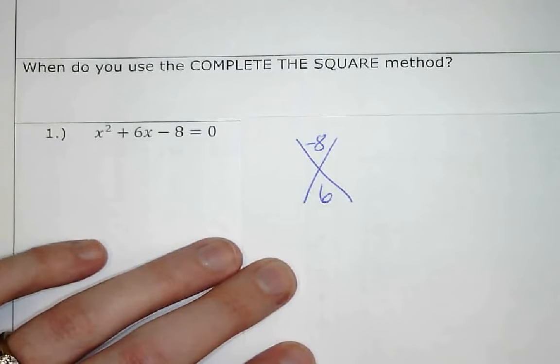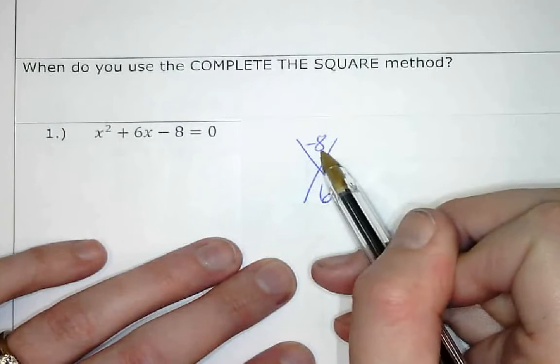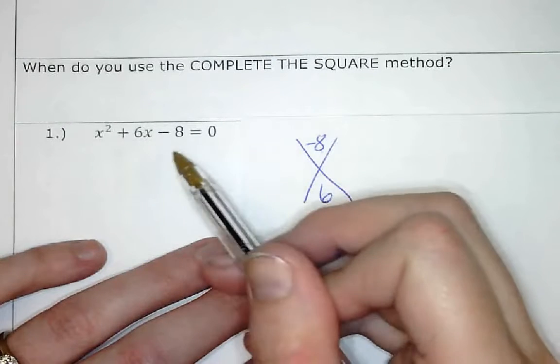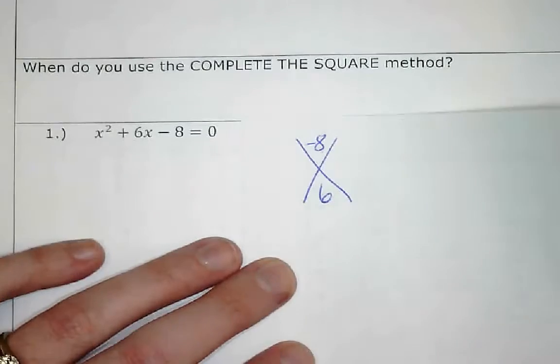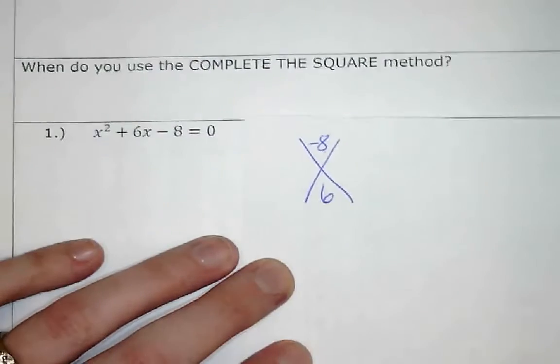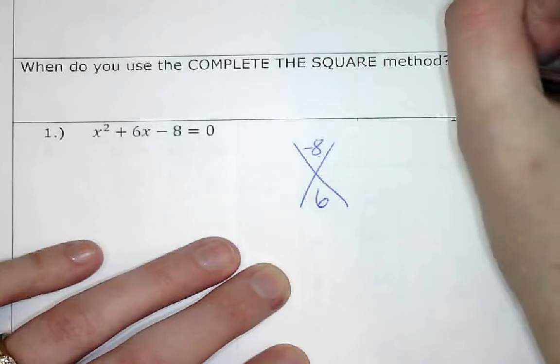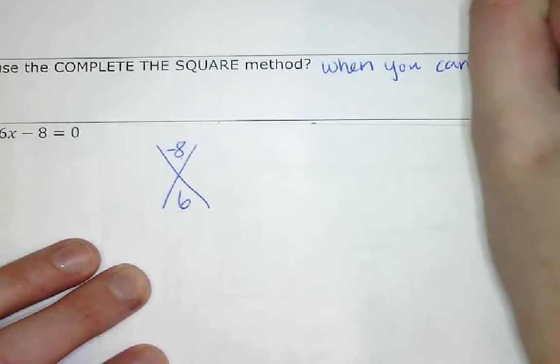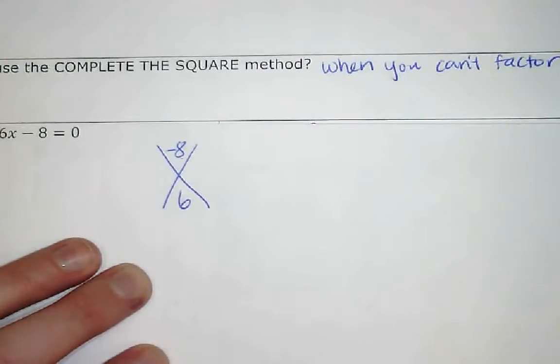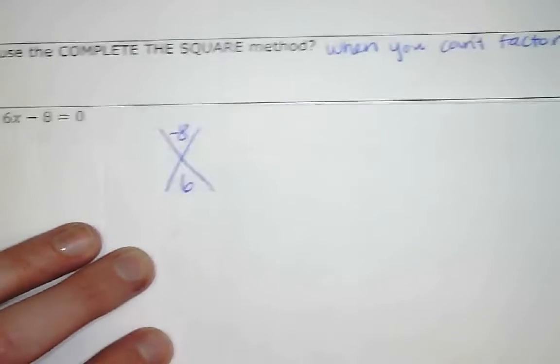Are there any numbers that work? 4 and 6, 4 and 2. Well, +4 and +2 don't give you -8, do they? Oh, no, they don't. So this one is not factorable. So you use completing the square when you can't factor. When you can't factor, this is when we complete the square.